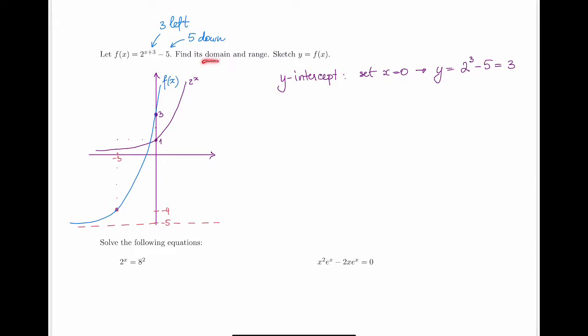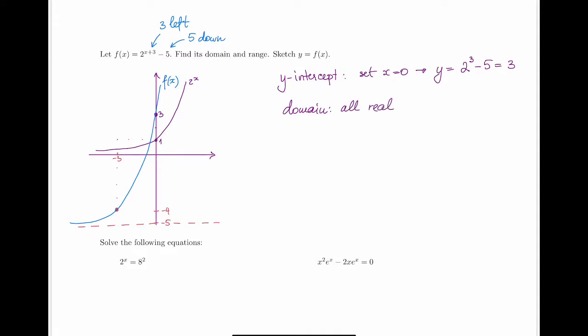The question also asks about its domain and the range, so let's think about those. The domain is all the possible x values. Clearly here, I have not introduced denominators or square roots. I can still plug in any value of x, so the domain remains all real numbers. The range, however, has changed quite a bit.